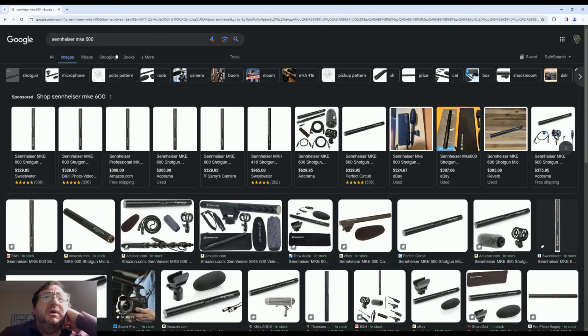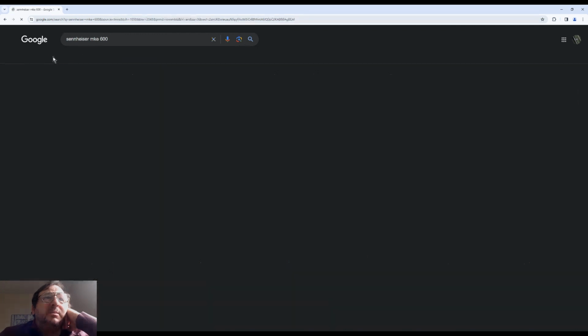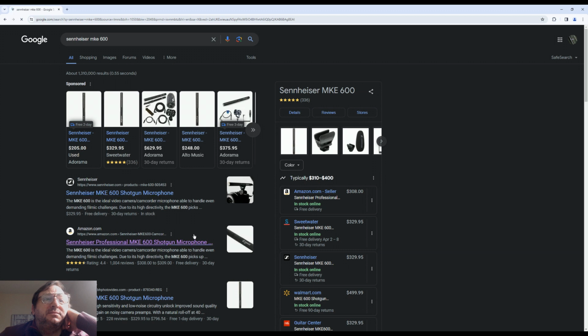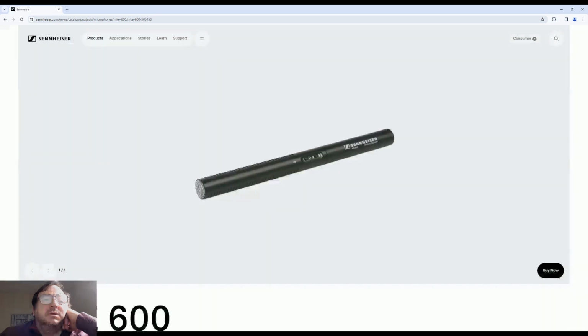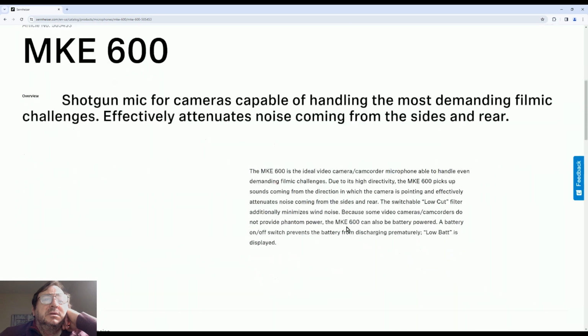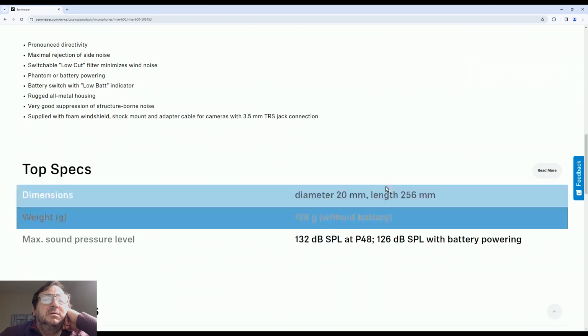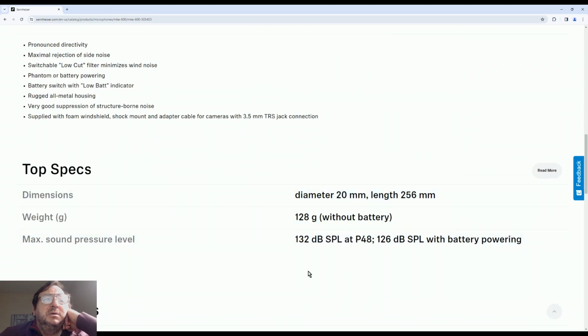If you cannot find it on that site, you go to the company site, let's say that's the Sennheiser site. Okay. Then you look. You might find more info.